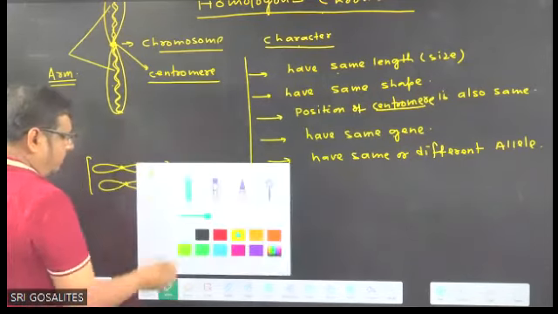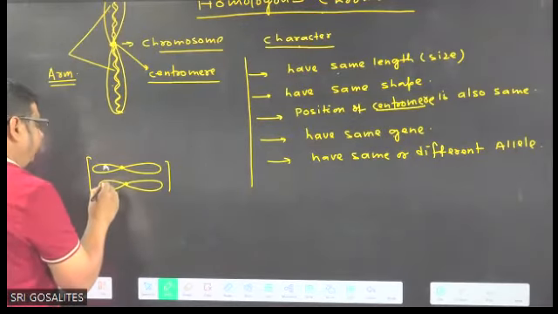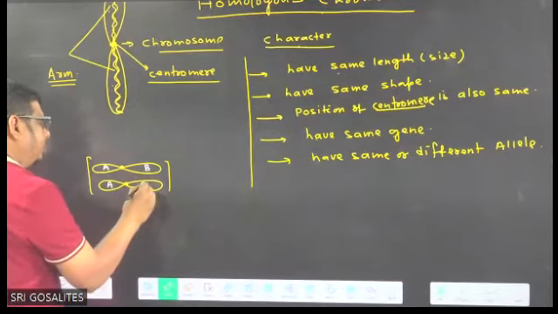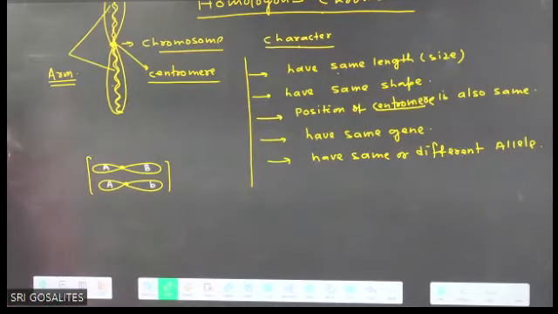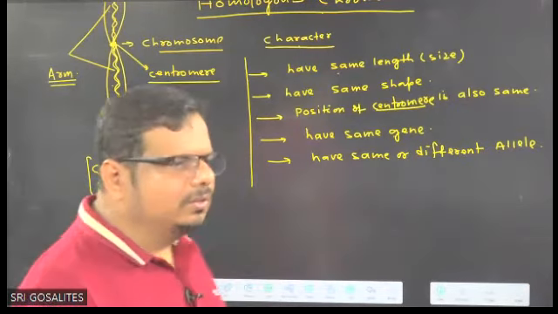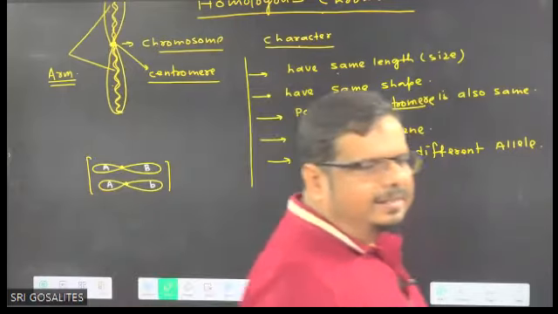If in this chromosome gene A is present here, A is also present here. If B is present here, B is also present here. So we call the upper and lower chromosomes which chromosome? Homologous chromosomes. You got the idea? Is it clear?